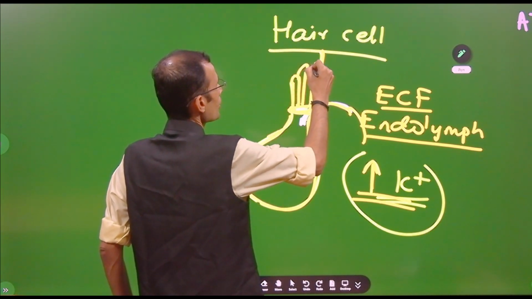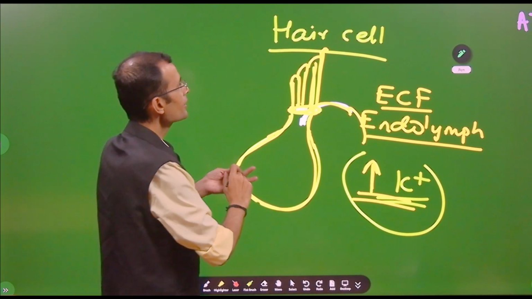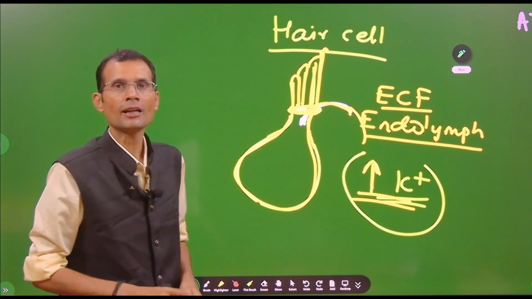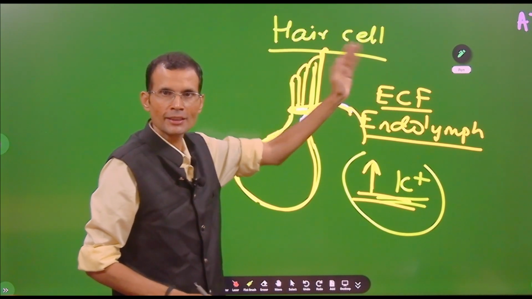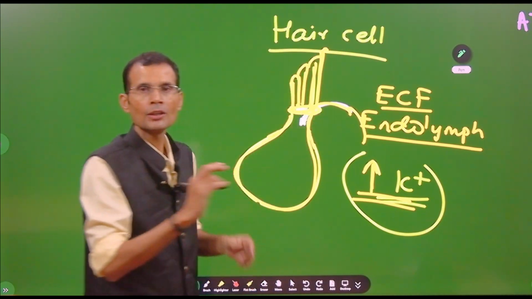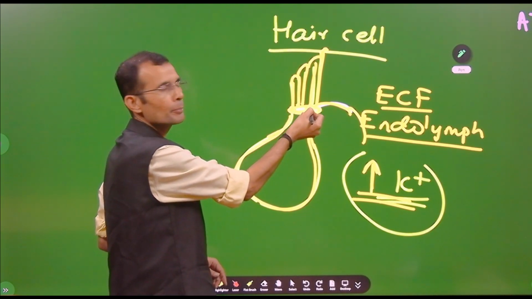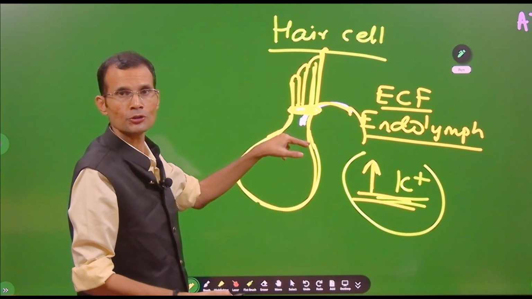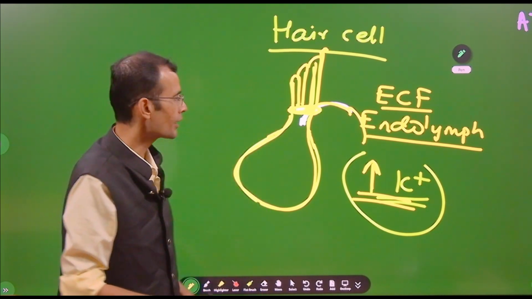Because whenever the hair cell is going to depolarize, there is bending of the stereocilia in one direction, and this bending of the stereocilia or hair simply snaps open the potassium channels at the base of the stereocilia, and therefore they are mechanosensitive potassium channels.